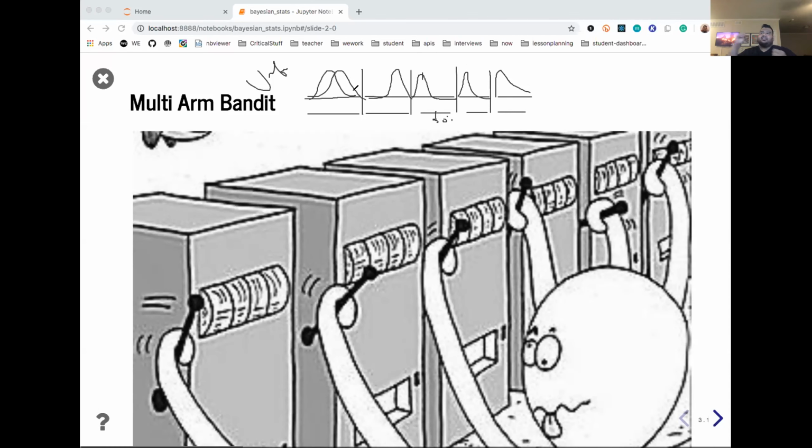And as you're picking them and as they win, these distributions just keep getting updated. And depending on who's got peaks over here, on this side of that line, that's who you're going to pick. So machine 4 would have more wins, which means you're probably going to pick machine 4 most of the time. But you could have one that's fairly close, like machine 3 might be kind of in the middle.